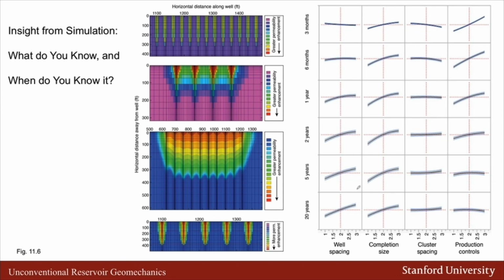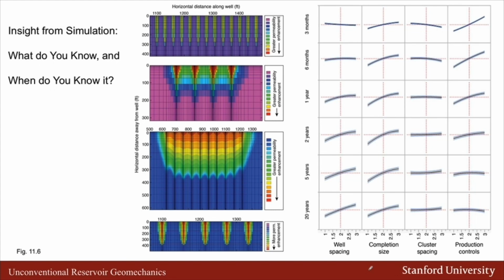Perhaps a more sobering result comes from the well spacing. One of the huge questions, of course, facing every operator is what's an optimal well spacing? But basically what they argue is for the first 6 months and almost for the first year, there's not a whole lot of difference between very markedly different well spacings, but over 2 to 5 years, suddenly the correct well spacing becomes obvious.